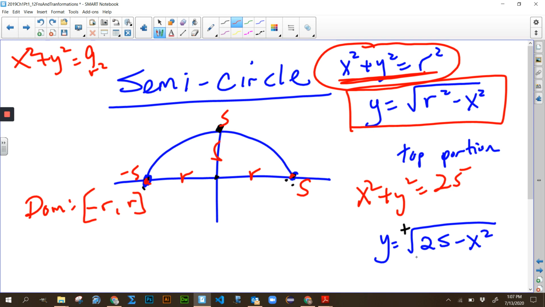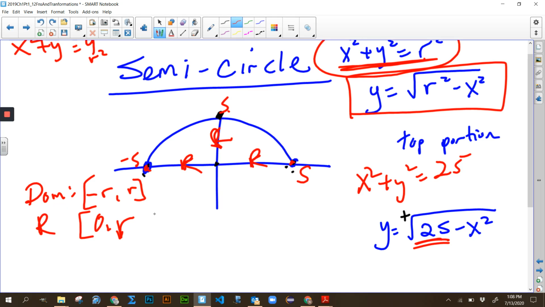So if it was this one, it would be from -5 to 5, but it's just a general radius one. This is an R, by the way. Okay. The range goes from 0 up to 5 in the numerical example, but really up to R in the other example. And it would include 0 because you can see there are points where y equals 0 all the way up to y equals 5.